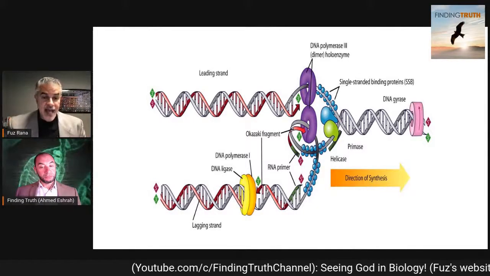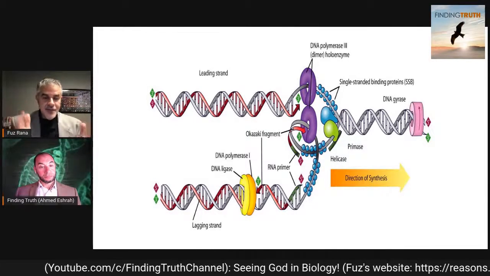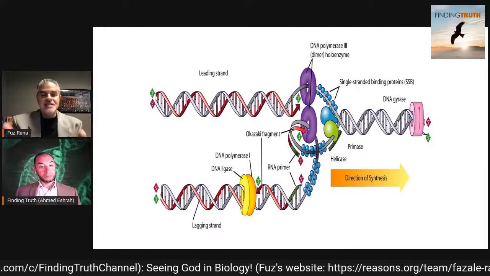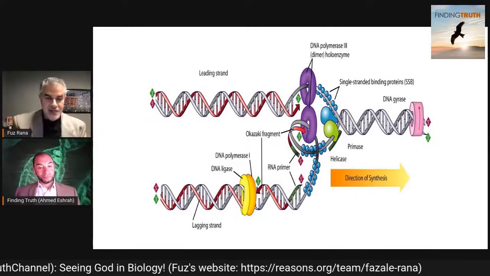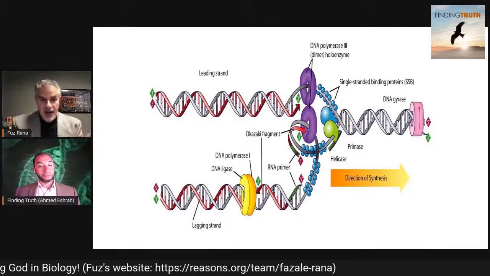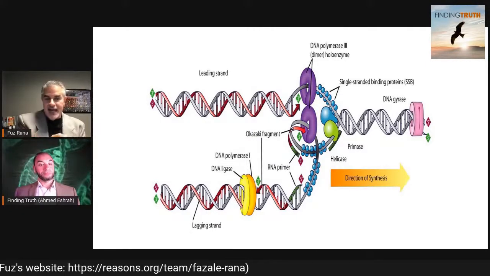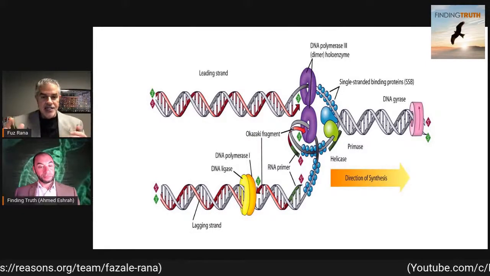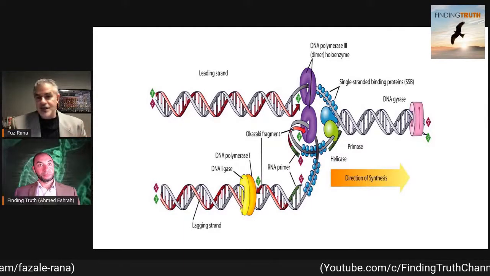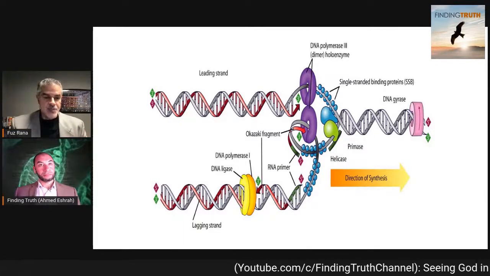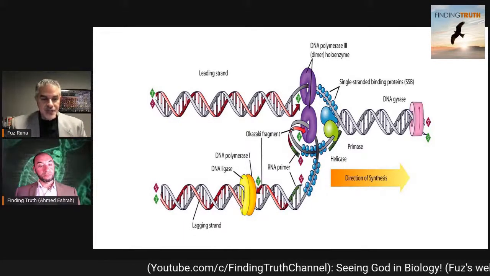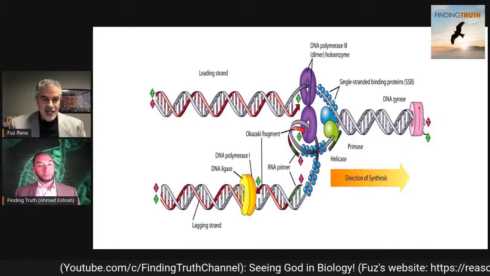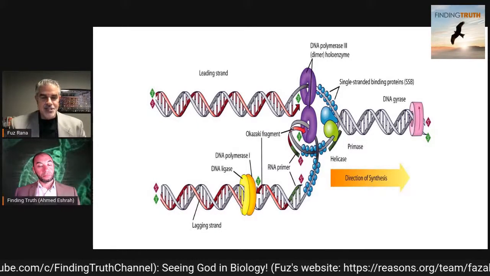On the lagging strand, every piece of RNA has to be taken out and then replaced by DNA, and then it all has to be joined together by, again, a DNA ligase. And so when that happens, the replication process has been completed. You can see that this is an incredibly complex process.